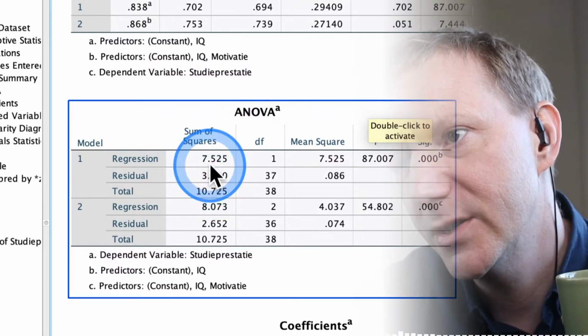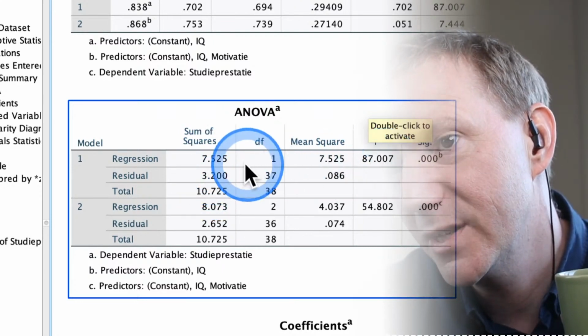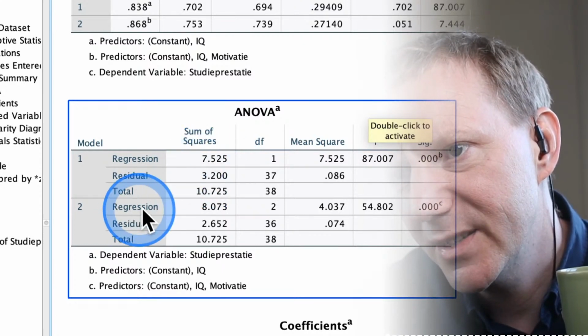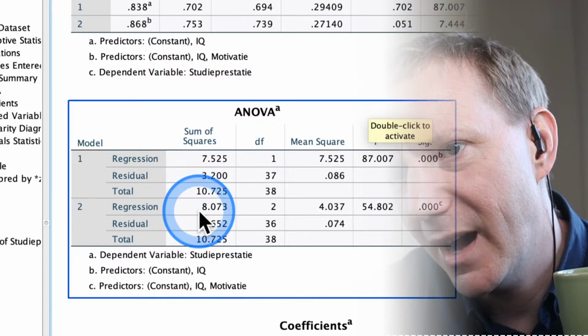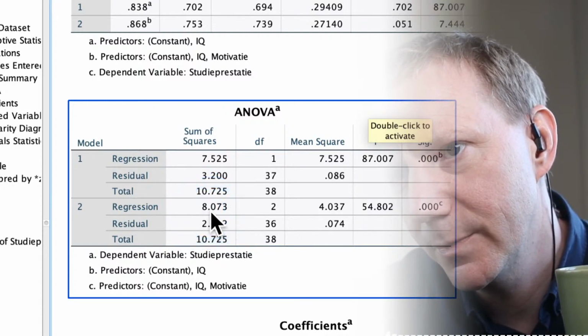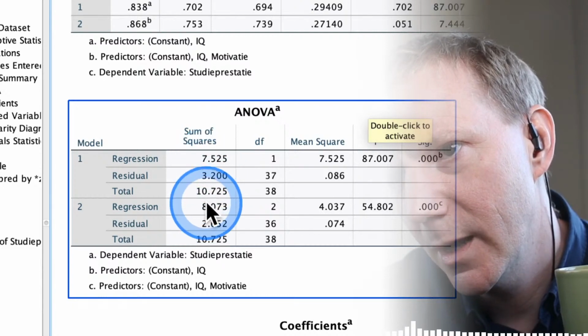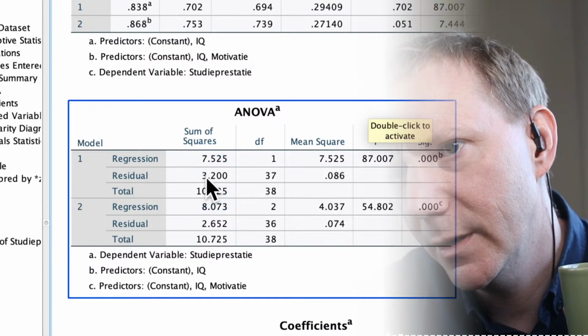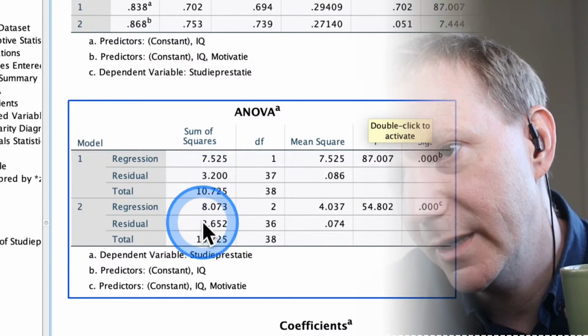So it's the standardized proportion of these two. And you see that in the second model you have a bit higher explained sums of squares compared to this one, but you see that the residual is here a bit higher and here a bit lower.